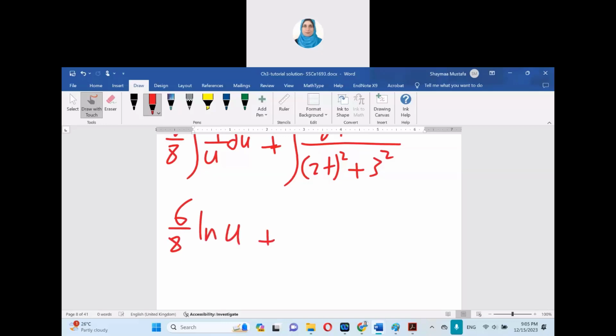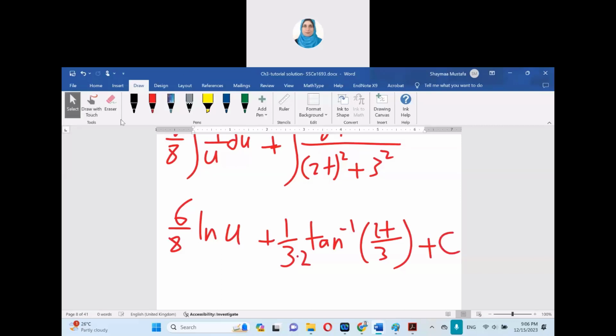Plus this one, I think it is tan inverse, if I'm not mistaken. Let me check if it is tan inverse or not. Yes, it is tan inverse. So a here is equal to 3. So this is 1 over 3 tan inverse of 2t over 3, divided by 2 outside, because t is multiplied by 2, plus a constant because this is an indefinite integral.